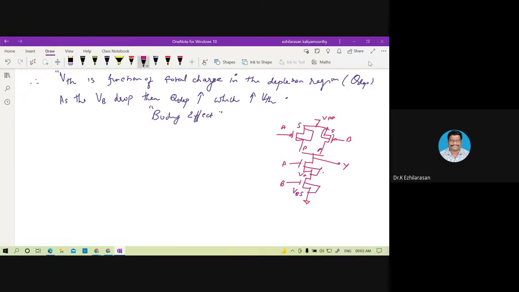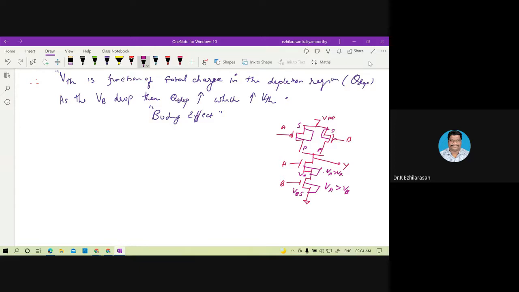Here VA will be greater than VB, because the bulk is connected to this source. When it is connected, the transistor will be in the saturation region.